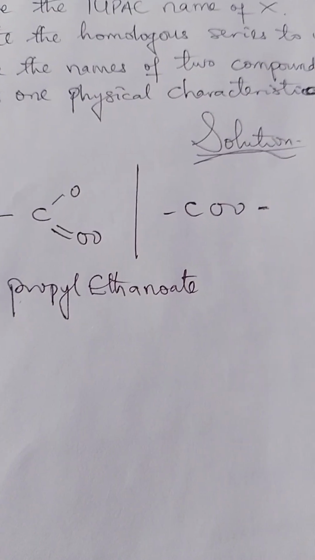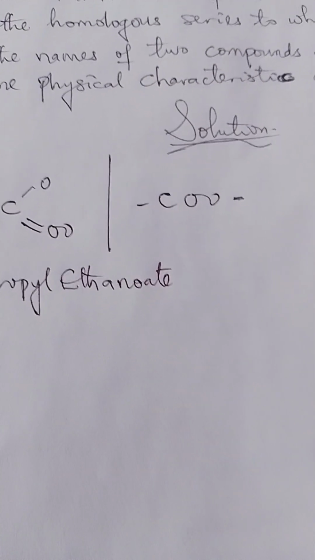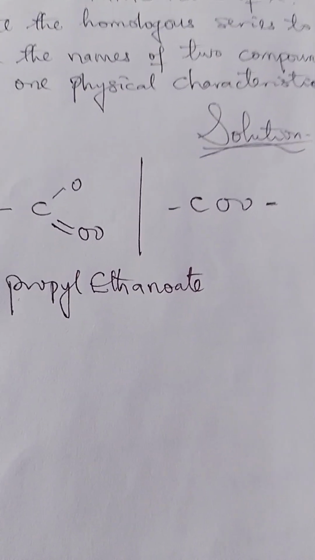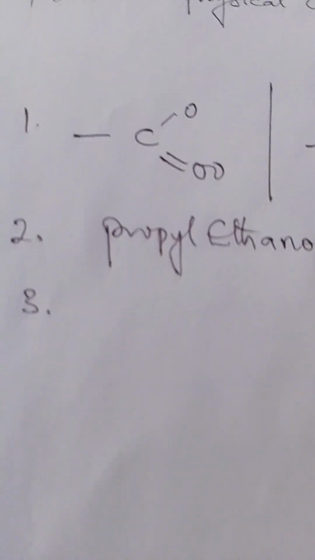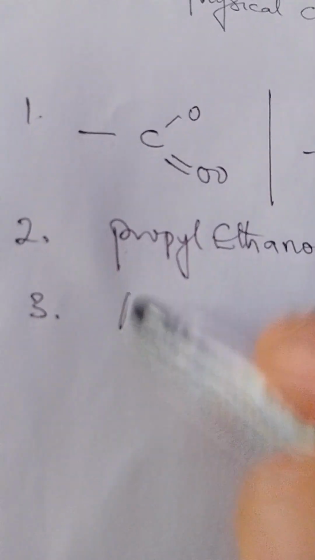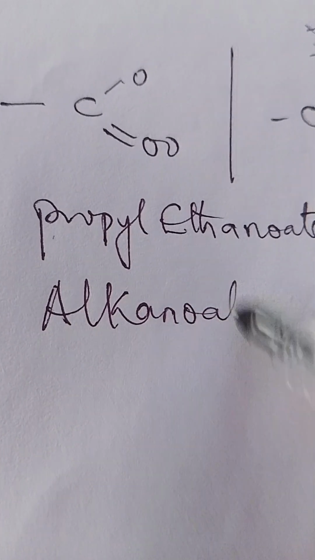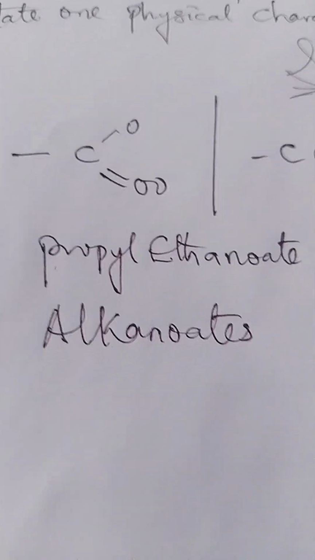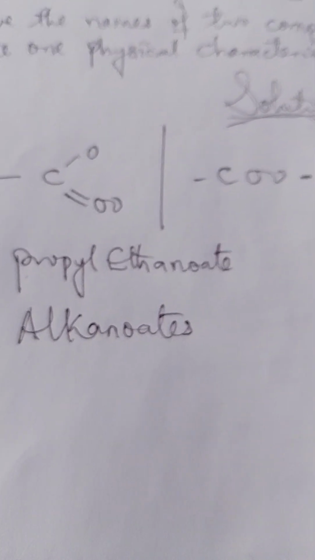So the homologous series has to do with the compound name. We don't call it ester; we can call it ester, but the correct form is alkanoates, from the word alkane. So alkanoate is the homologous series to which it belongs.